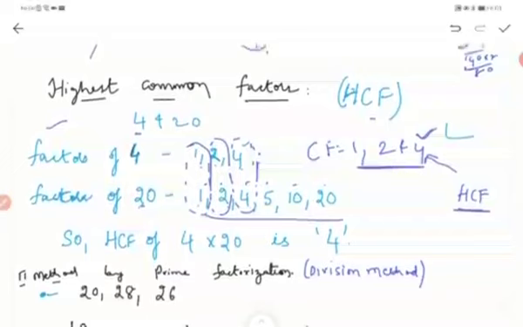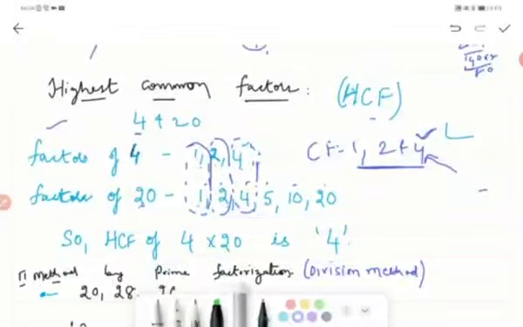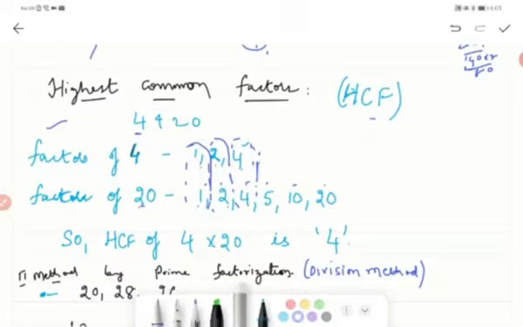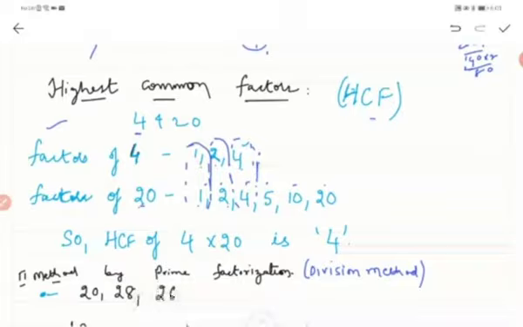Okay, now 3 numbers are given. Out of these 3 numbers, that is 20, 28 and 29, what is your HCF? So first I will divide 20.